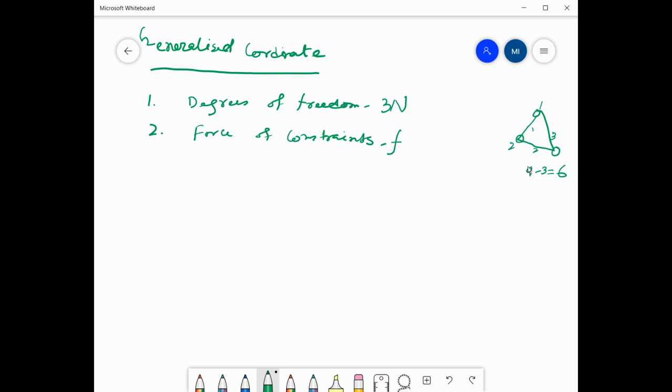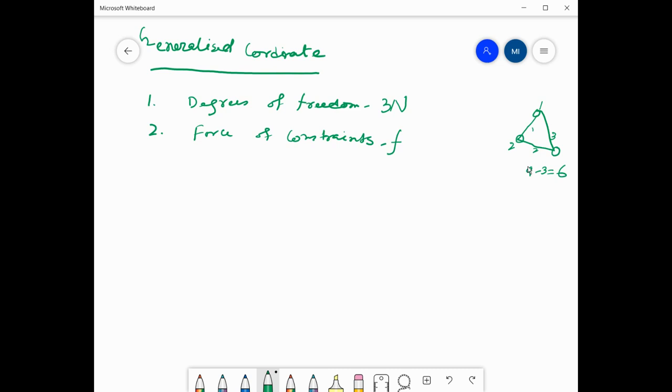So there is a relation between the position coordinates of one and two. So one position coordinate can be expressed in terms of the other position coordinate. That's why forces of constraint reduce the degrees of freedom.